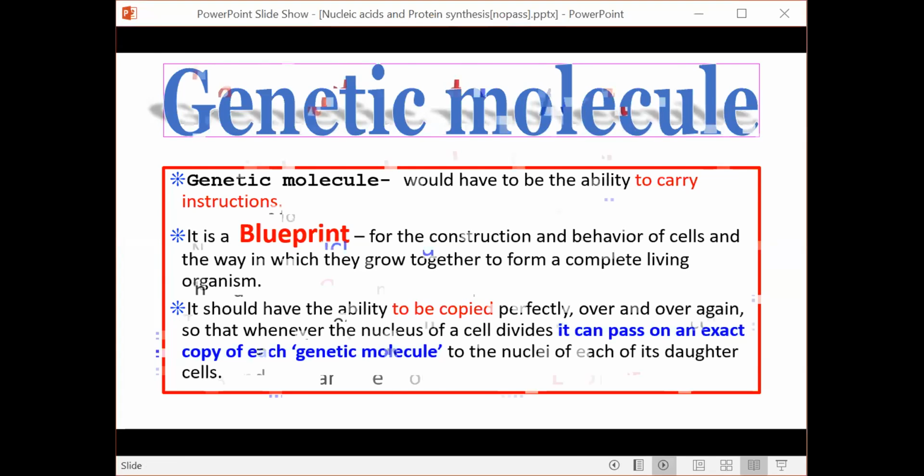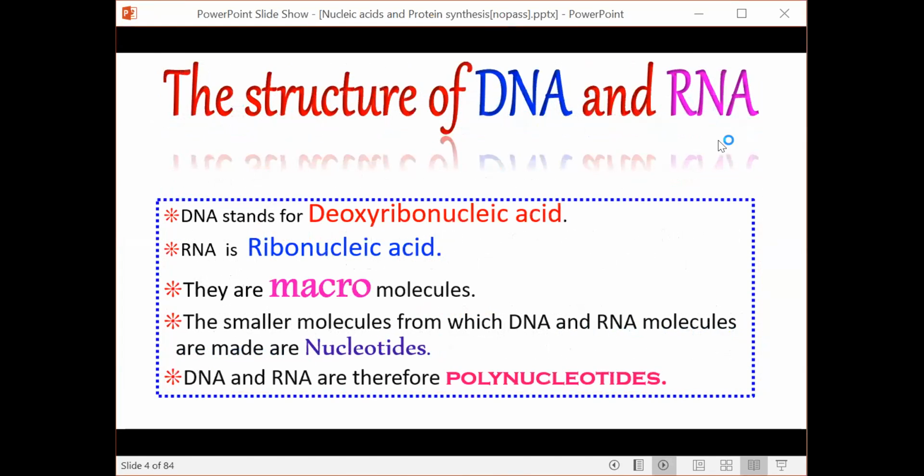In this, we will go through certain parts again. We'll be talking about DNA, as we had discussed last time, and RNA. The full forms are deoxyribonucleic acid and ribonucleic acid. They are macromolecules because they are very, very large. DNA, when we take it up, comes approximately 2.2 meters long. Then there are the smaller molecules from which DNA and RNA are made.